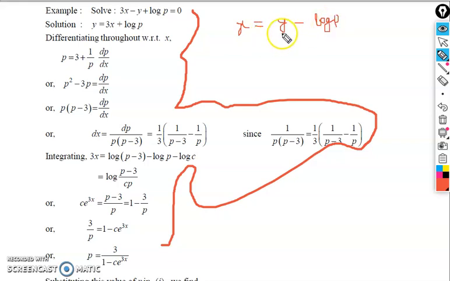When we divide by 3, this becomes y/3 and this becomes log p/3.